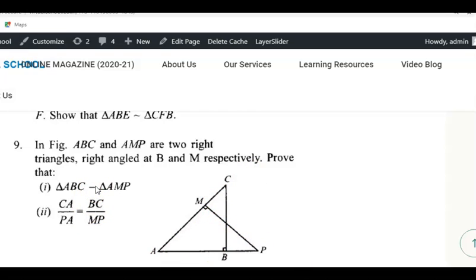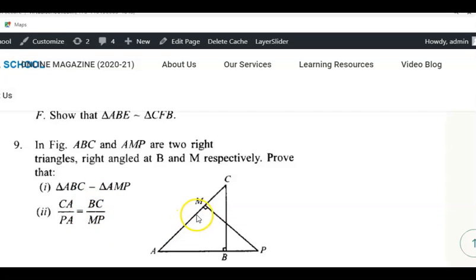First condition. And secondly, CA divided by PA is equal to BC divided by MP. So very simple. Before really starting this, remember these are two perpendiculars given to you, PM and BC. So this condition is nothing but perpendicular over perpendicular.